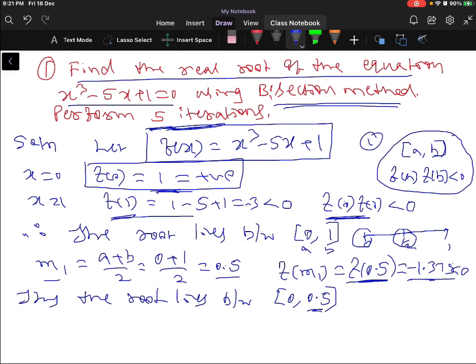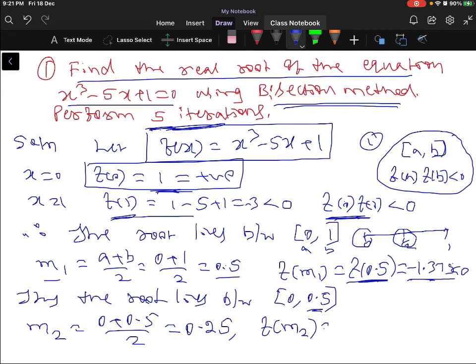So again we have to bisect the interval (0, 0.5). We get m2 = (0 + 0.5)/2, so we get 0.25.